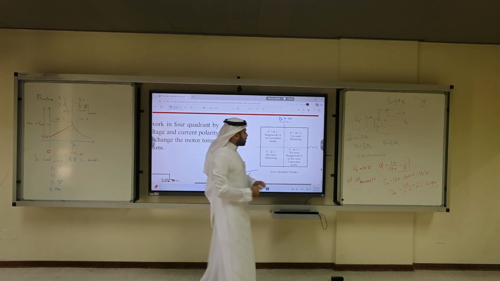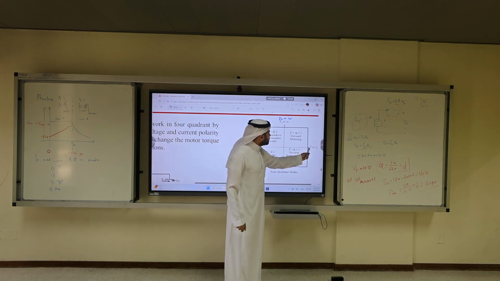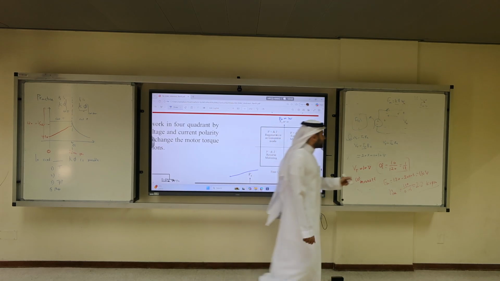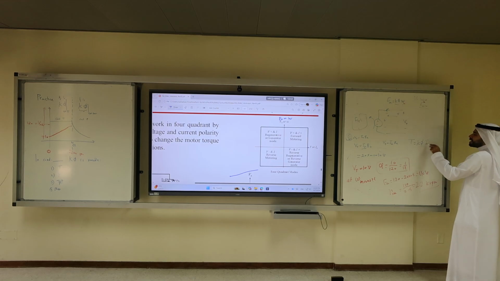Doesn't matter. What is the x-axis? It's the torque if I'm plotting omega, or IA if I'm plotting VA. Do you remember the formula of the torque? Torque equals K flux IA. So if I increase IA, I increase the torque.